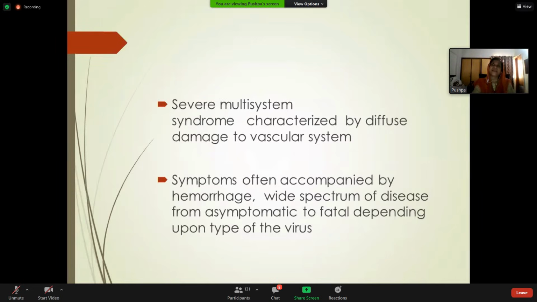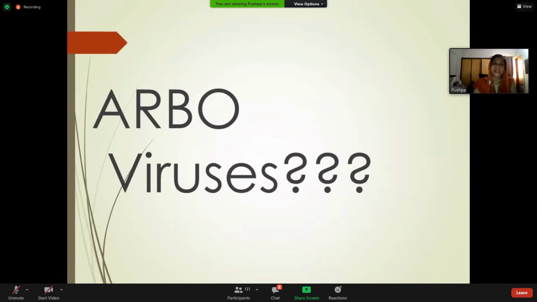They use up the platelets and other coagulation factors and cause other problems. Symptoms are often accompanied by hemorrhage, with a wide spectrum of disease, from asymptomatic to fatal, depending upon the type of virus, such as Ebola and Lassa fever, dengue fever, especially dengue hemorrhagic fever, which cause severe complications.